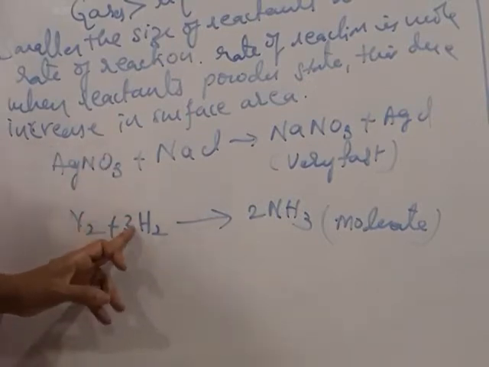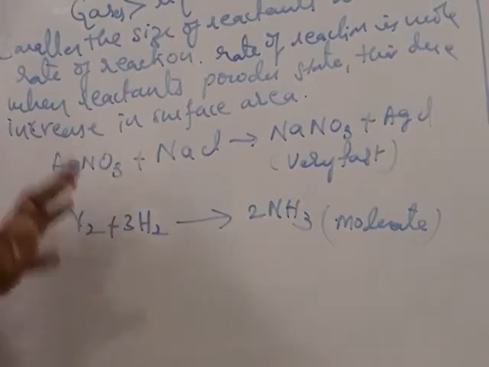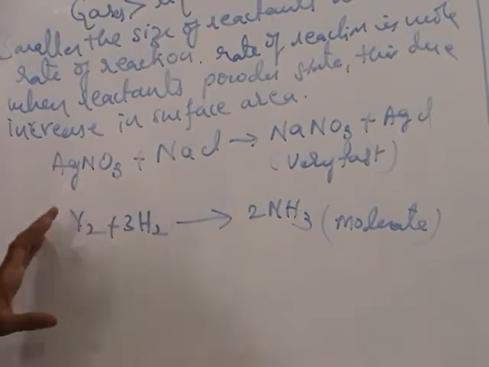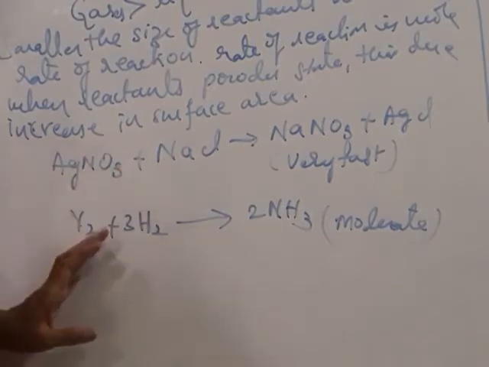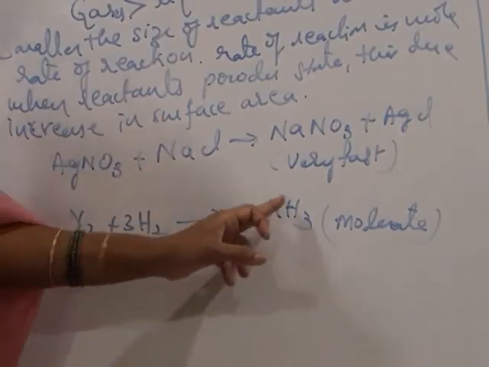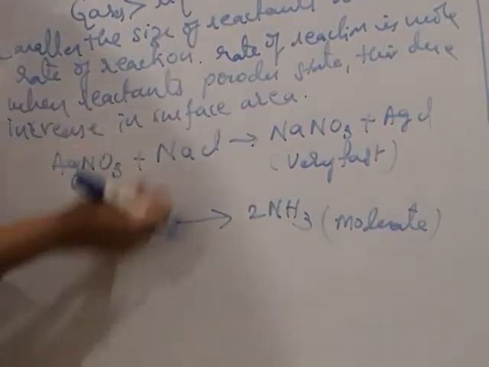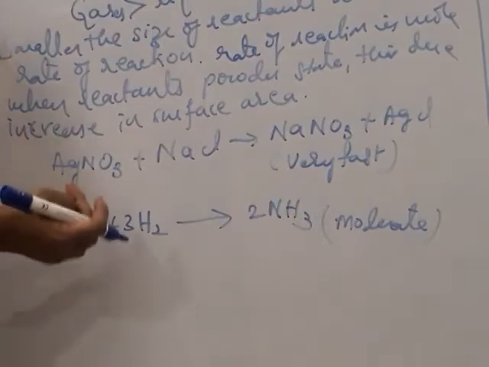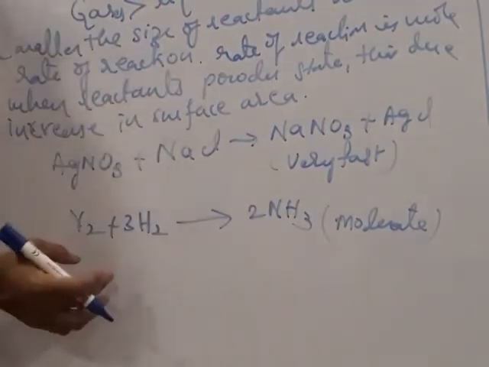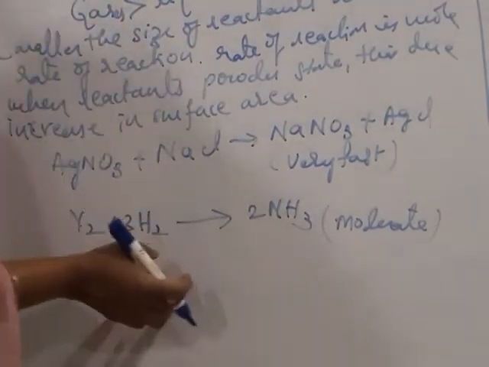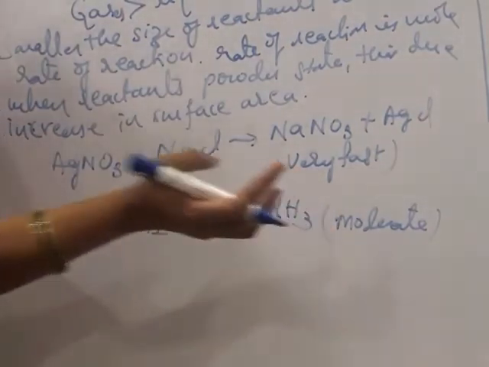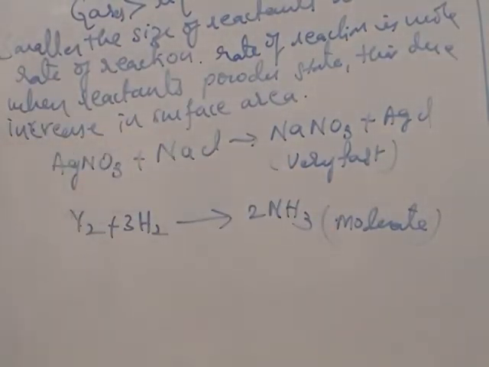And hydrogen has single bond. Okay. So with bond breakage, a new bond is formed between nitrogen and hydrogen. For all this bond breakage and bond formation, time is required. So time consuming reaction. That's why we can measure the rate of reaction for covalent reactions. Okay. And we cannot measure the rate of reaction for ionic reactions.